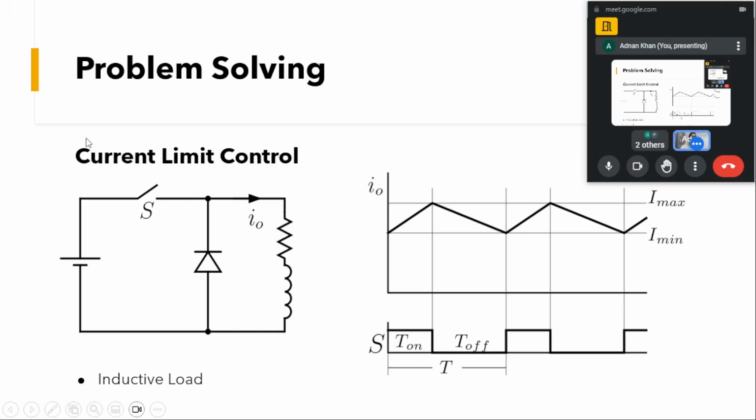For this current limit control, we will first define a band that has a maximum value and a minimum value.